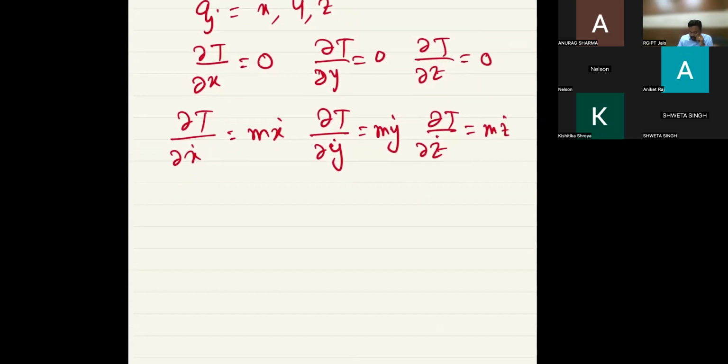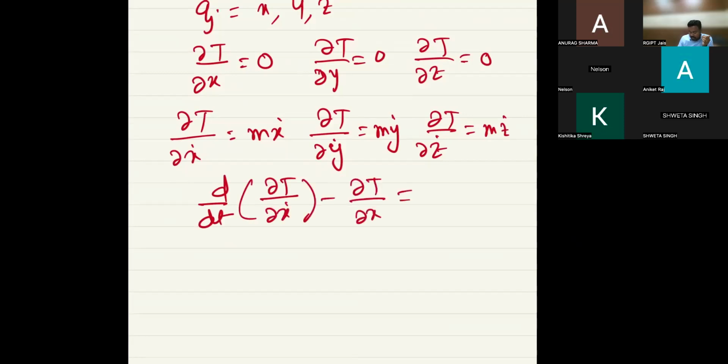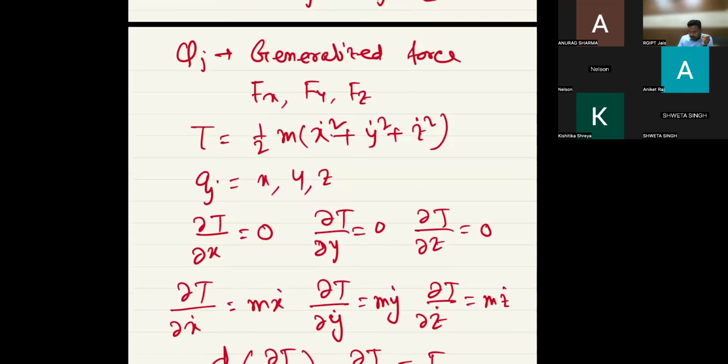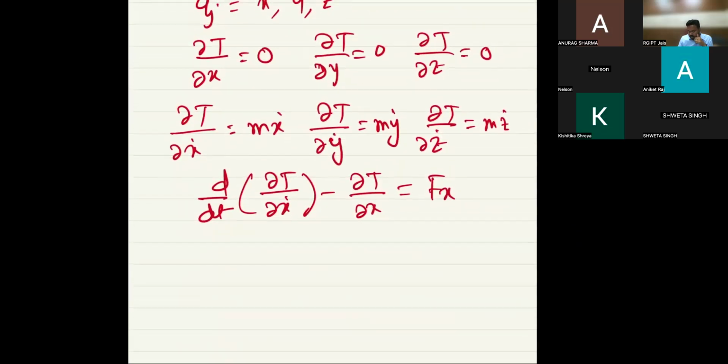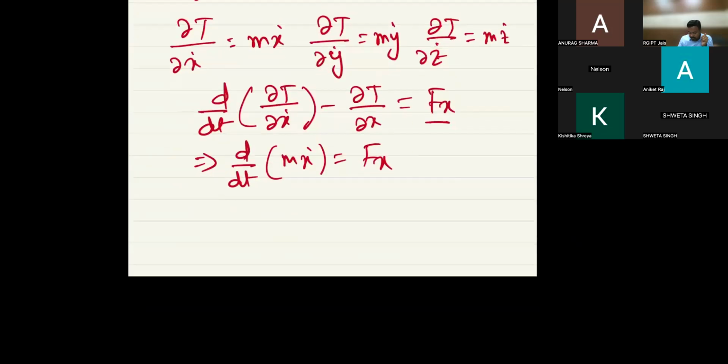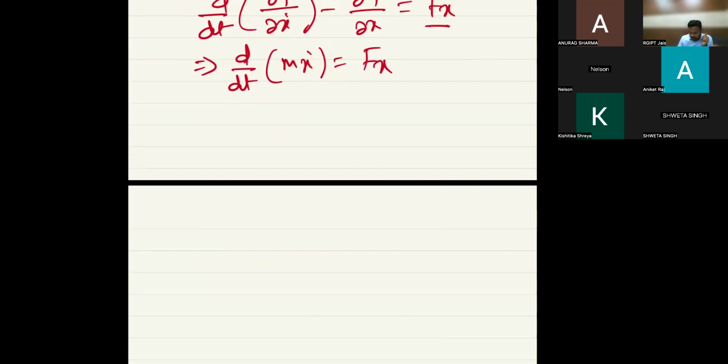So what will be the equation of motion then? We have to write d/dt of del T del x dot minus del T del x. This will be equal to fx, because Qj has 3 components and we are considering x as one of the generalized coordinates. So d/dt of m x dot is equal to fx, and you can say m x double dot is equal to fx.